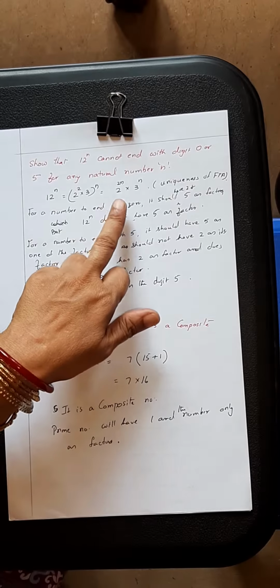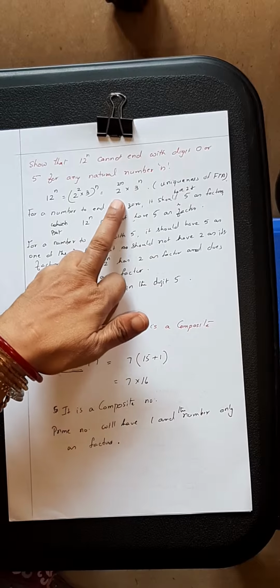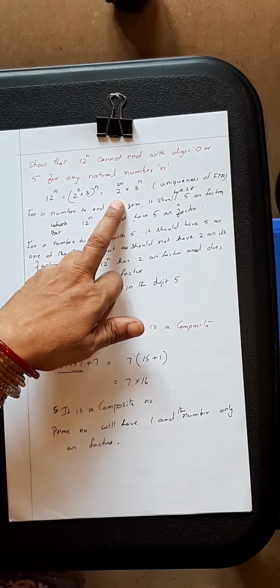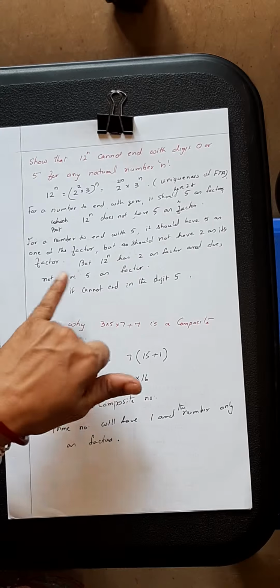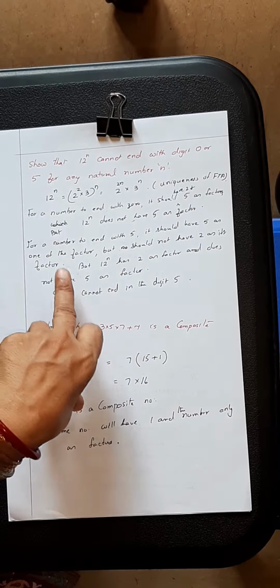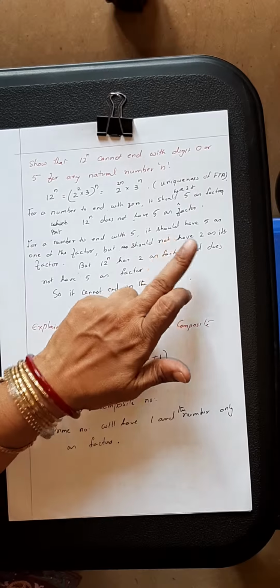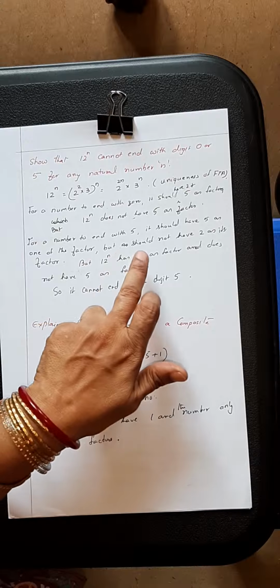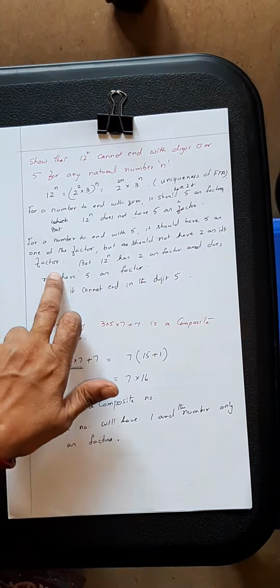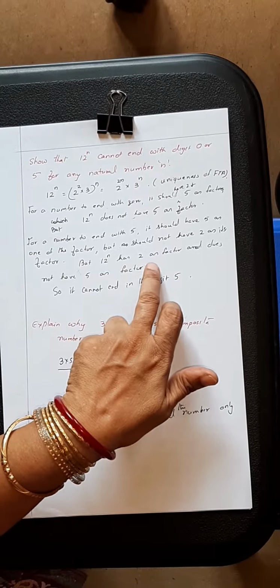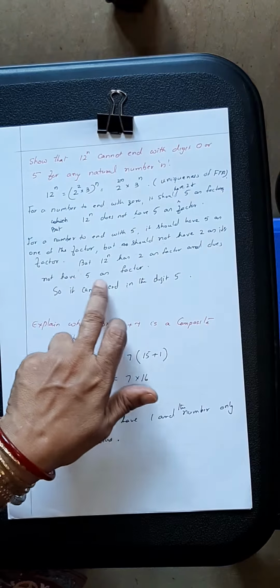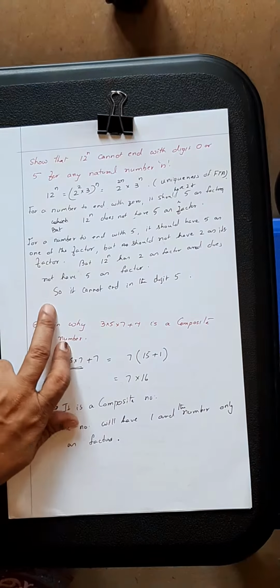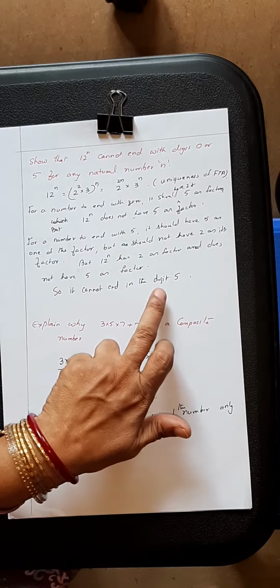Here you don't have 5 as a factor, but you have 2 as a factor. So it cannot end in 5. So for a number to end with 5, it should have 5 as one of the factors, but should not have 2 as a factor. But 12 to the power of n has 2 as a factor and does not have 5 as a factor. So it cannot end in the digit 5.